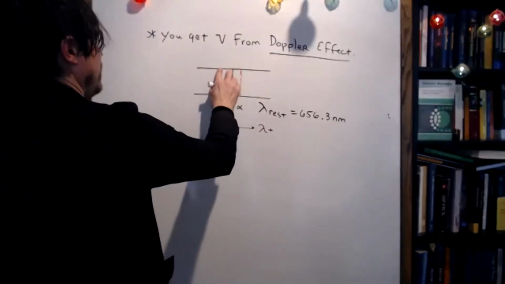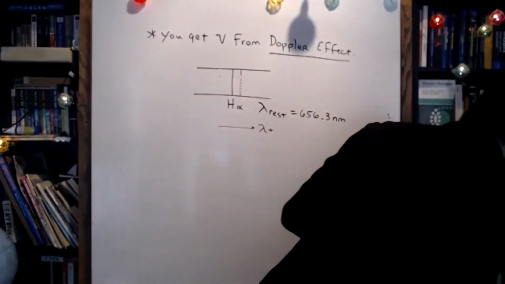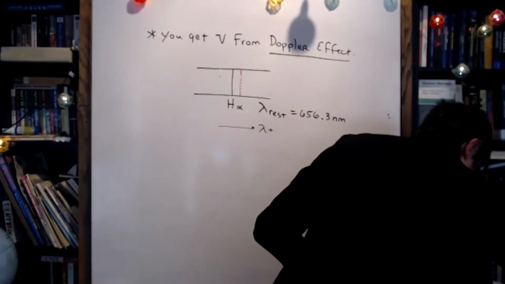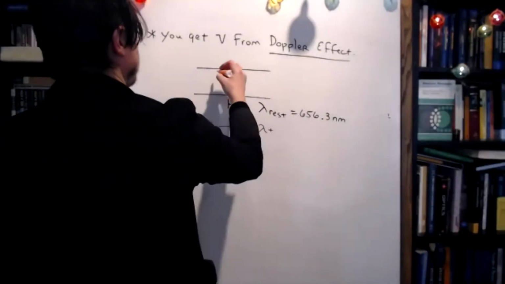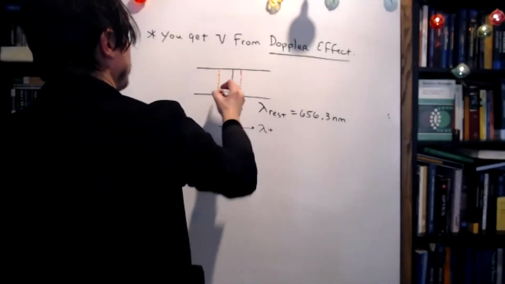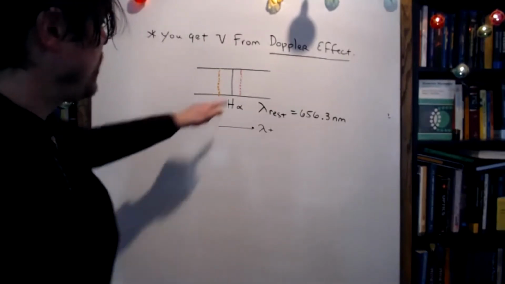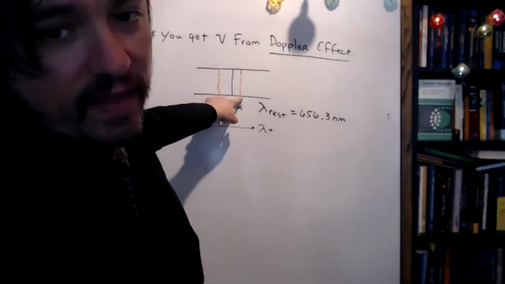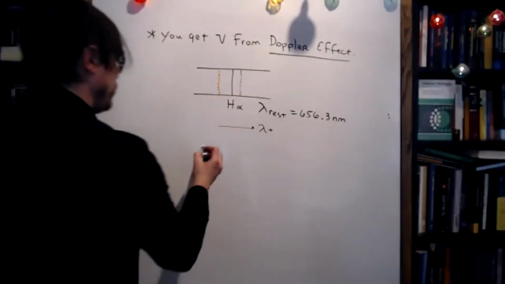And although it'll still be red, I'm just going to draw it here. Actually, you know what? I'm going to make a point here. I'll use orange for the blue shift, okay? Now, there is the original wavelength, and then there is a new wavelength called the observed wavelength, okay?